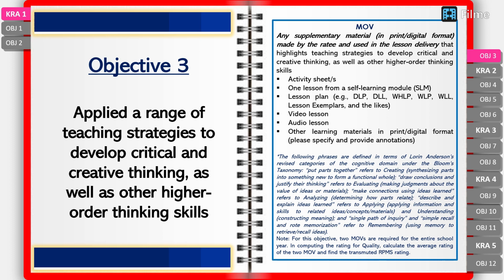You may use activity sheets, one lesson from a self-learning module, lesson plan, video lesson, audio lesson, and other learning materials in print or digital format, and just provide annotations.